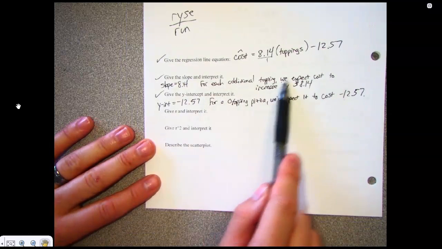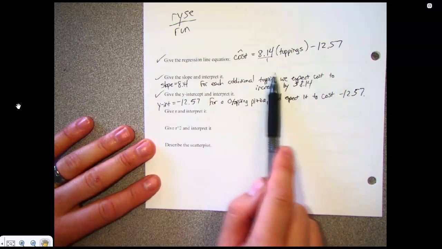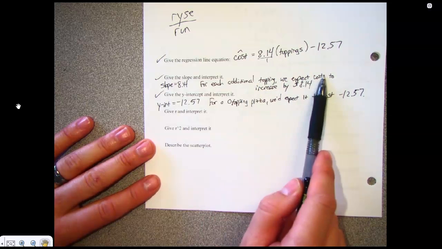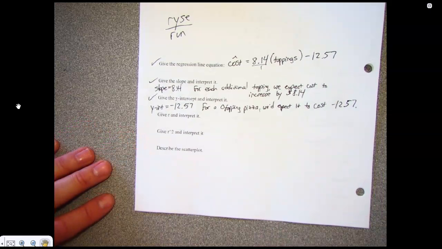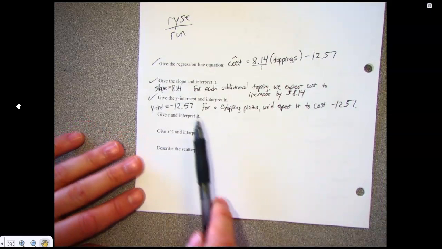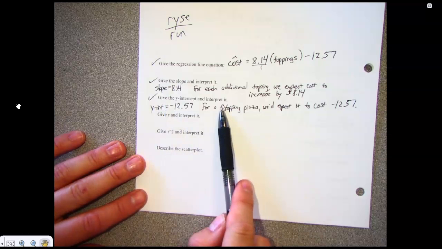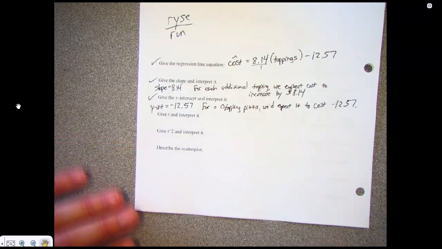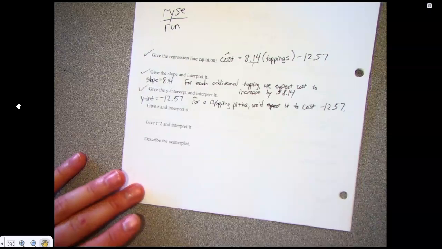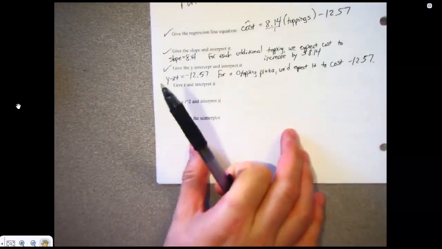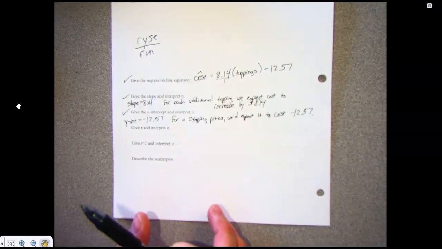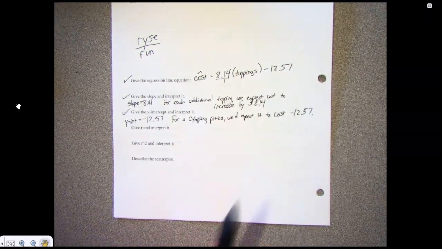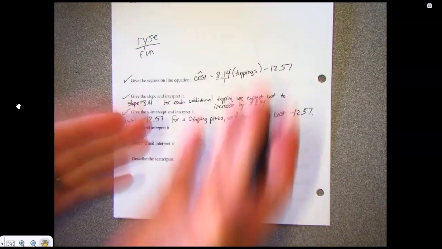So for each additional topping, like each additional X value, we'd expect the cost for the Y value to increase by $8.14. Expensive toppings. Y-intercept: for a 0 topping pizza, we'd expect it to cost negative $12.57. Yeah, I would order like 1 million 0 topping pizzas. So it doesn't really make sense in the context, but how many had something appropriate here?